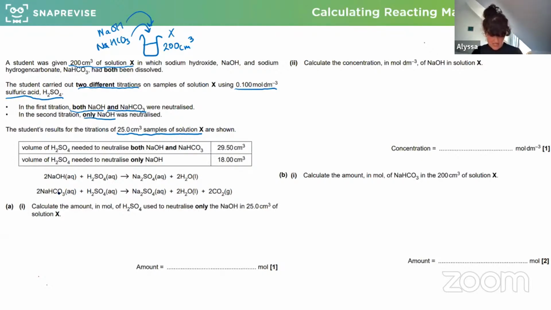The first question says, calculate the amount in moles of H2SO4 used to neutralize only the sodium hydroxide in the 25 centimeters cubed of solution X. So if I number my titrations 1 and 2, which titration, or both, am I expecting to use here?